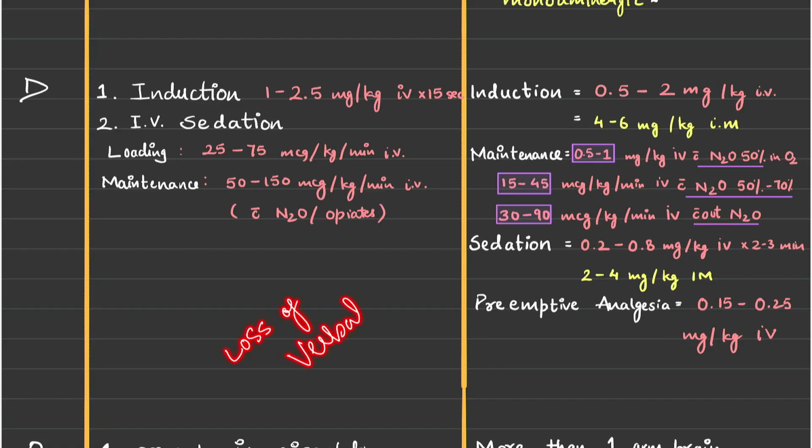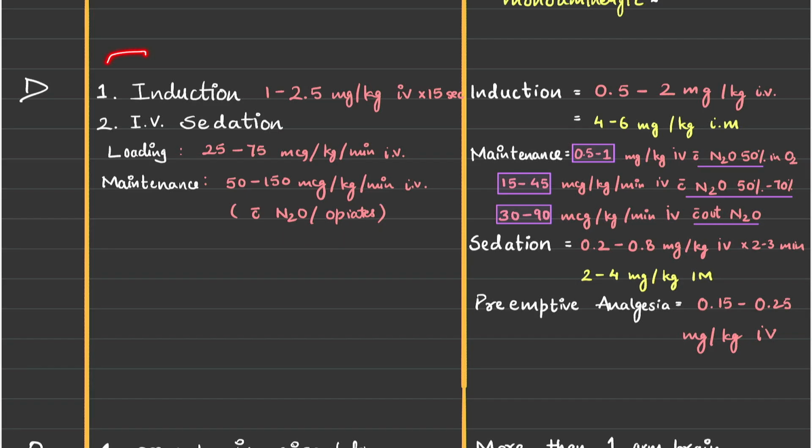We talk to the patient continuously while giving propofol, and as the loss of verbal response is achieved, we can stop giving the drug. Then the sedation loading dose is 25 to 75 micrograms per kg per minute IV, and maintenance is 50 to 150 micrograms per kg per minute IV with nitrous oxide and or opioids.